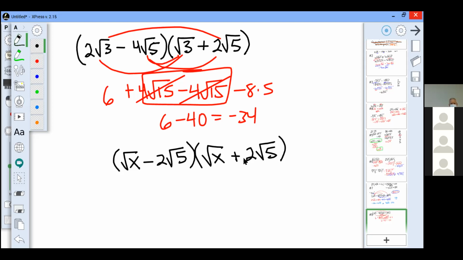You've got a multiplication problem, but they're identical, except one is a plus and one is a minus. That's your difference of squares pattern. It pops up in all kinds of different applications, and if you continue to recognize it for what it is, you don't have to do your outside and your inside at all. You just do your first and your last and you're done, and there's a subtraction between them. So always pay attention to that because it surfaces in different places.